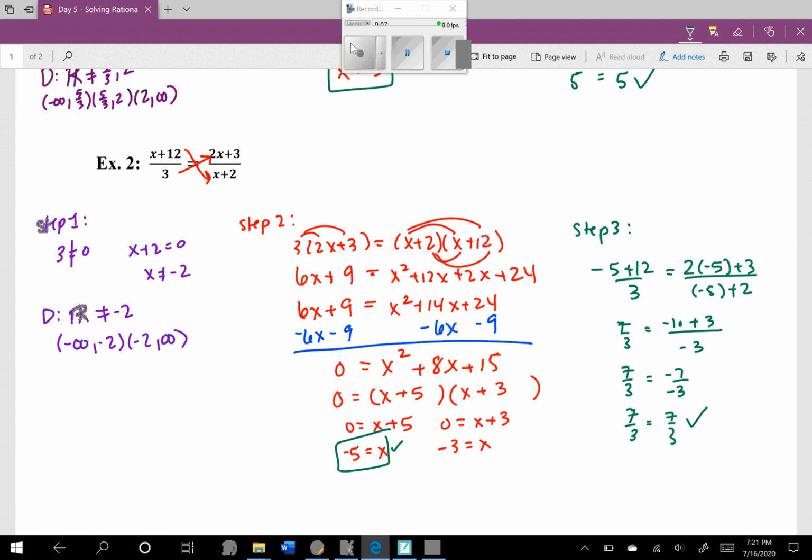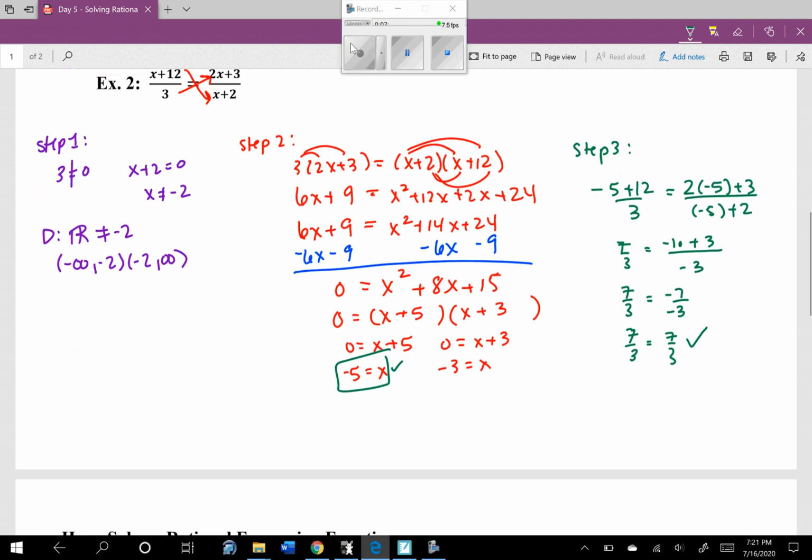And so then we're going to go ahead and check the next one, which would be x equals -3. So (-3 + 12)/3 is equal to (2(-3) + 3)/(-3 + 2). So that gives us 9/3 is equal to (-6 + 3)/(-1).